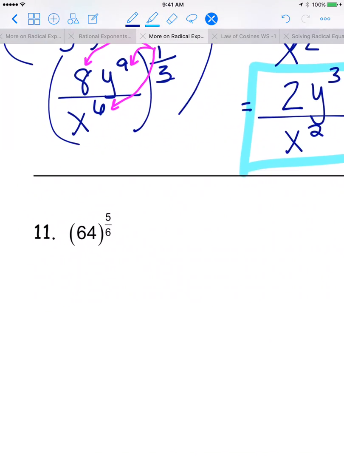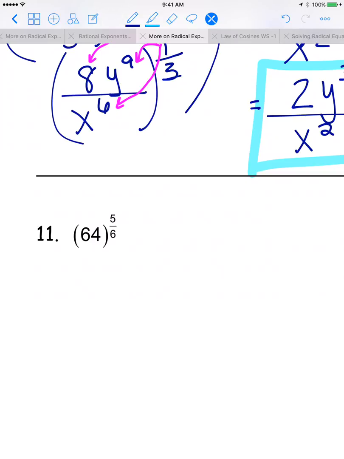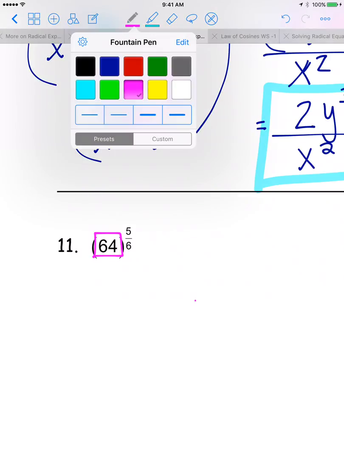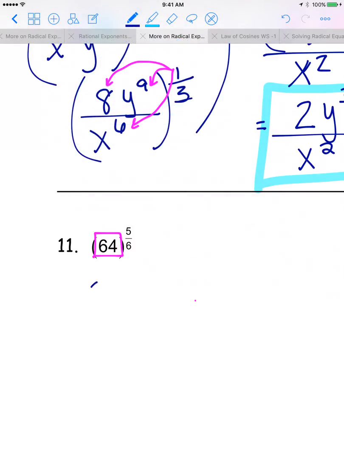All right, let's do number 11. So on this one, I would go back to rewriting this as a smaller base. So how can we rewrite 64? Hoping that maybe we can cancel something out with that denominator of 6. Well, if you recall, 2 to the 6th is 64. So we can rewrite that as 2 to the 6th, but it's still being raised to this 5/6.